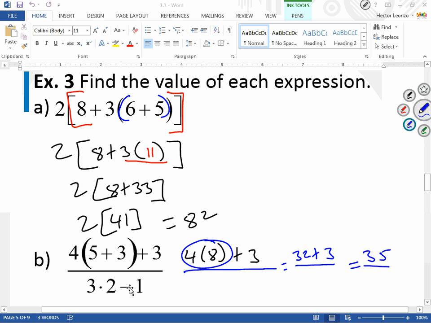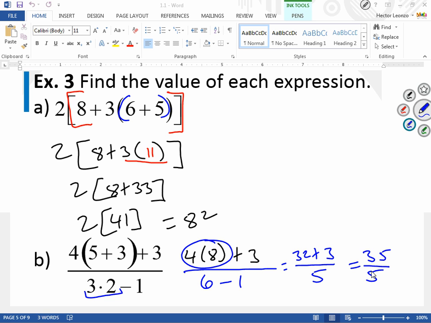Now looking at the bottom, I see times and I see minus. Remember, first I look at groups, none. Exponents, none. Multiplication or division, I'm going to do the multiplication. 3 times 2, that's 6. So that simplifies to 6 minus 1. Remember, all I did was 3 times 2. 6 minus 1 is 5. So I'm just going to write it here, and then I'm going to copy it here again.